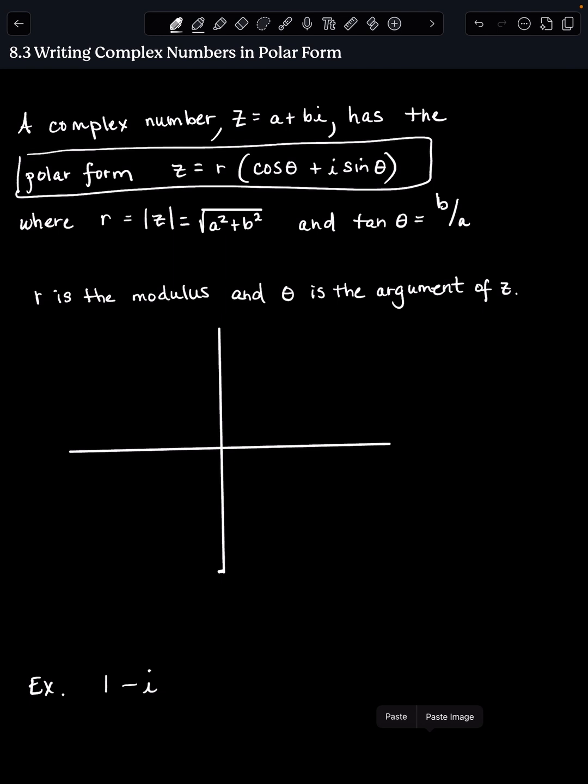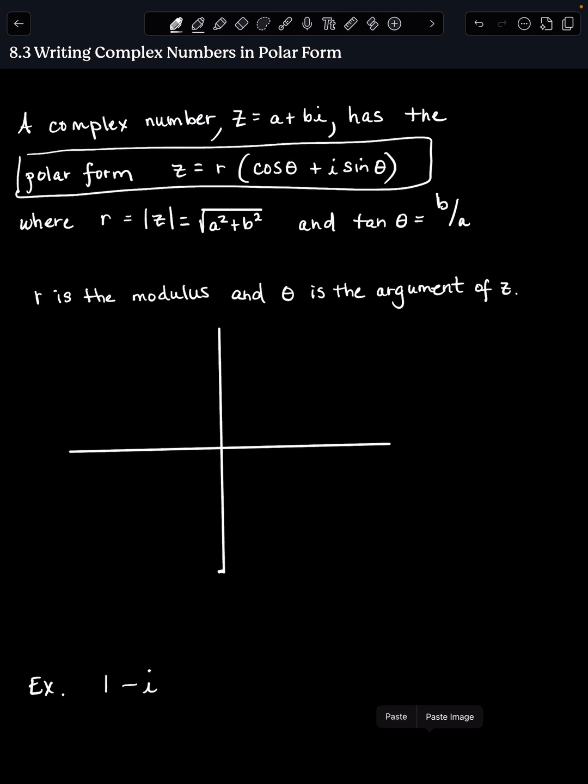Remember, the absolute value of z was the modulus, and the tangent of theta is b over a. This should be very familiar to you, so I want to look at it.